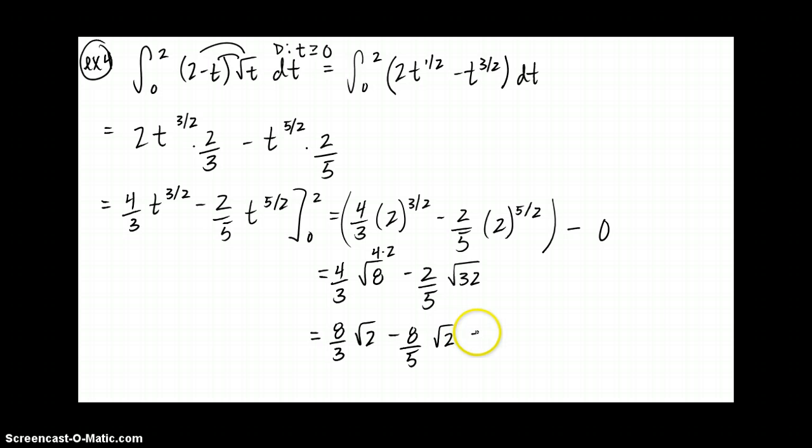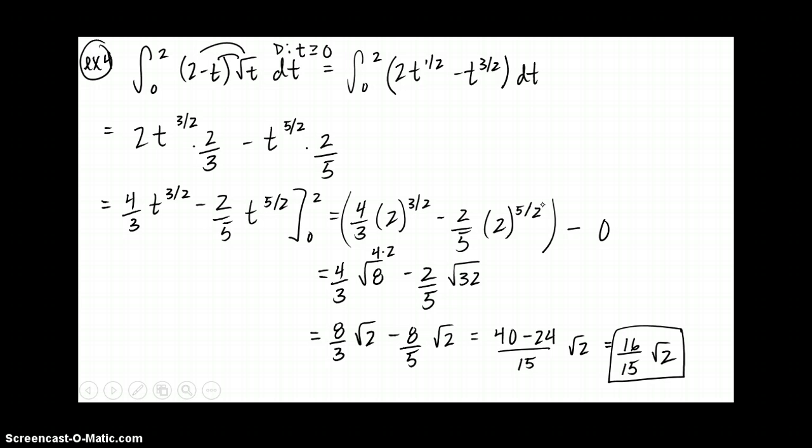And what would this give us? 40 minus 24, 15 root 2. Okay, power over root. We lost that a little bit on the quiz, so that would be your final answer.